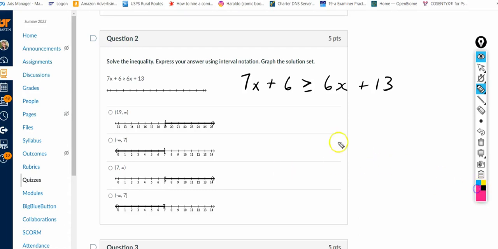So I'm going to subtract 6x from both sides. That's an x there. And so these will cancel. And 7x minus 6x is 1x, but I'm just going to write that as x.